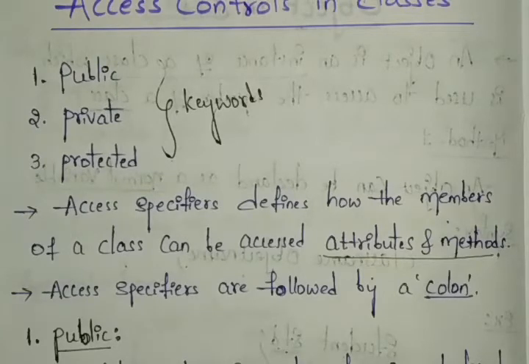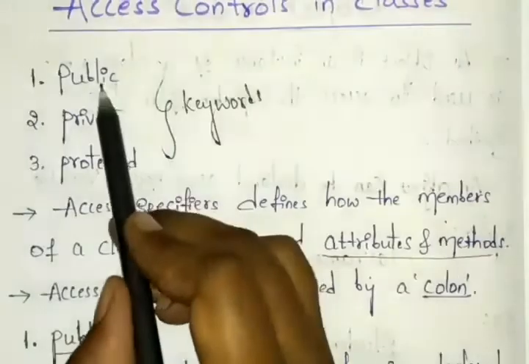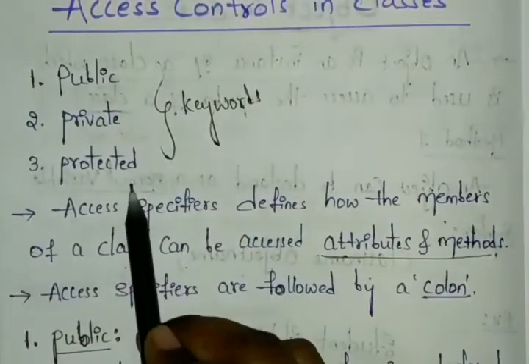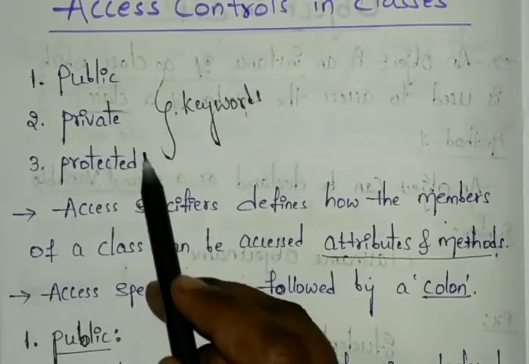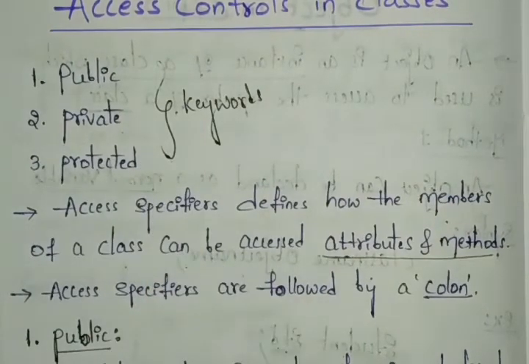So public, private, and protected: these three keywords end with a colon. Whatever data members and member functions you have work with these access controls.